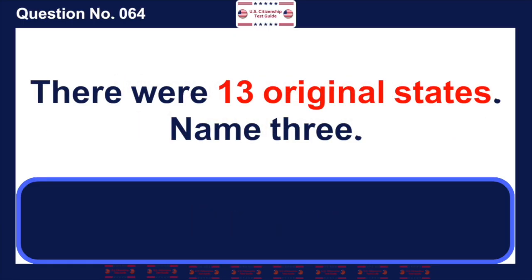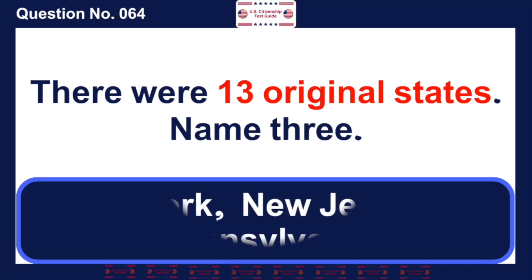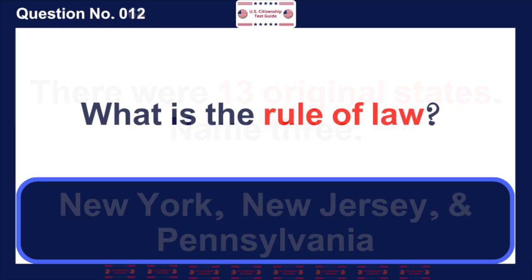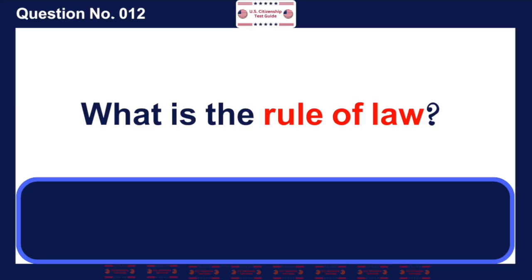There were 13 original states. Name 3. New York, New Jersey, and Pennsylvania. What is the rule of law?